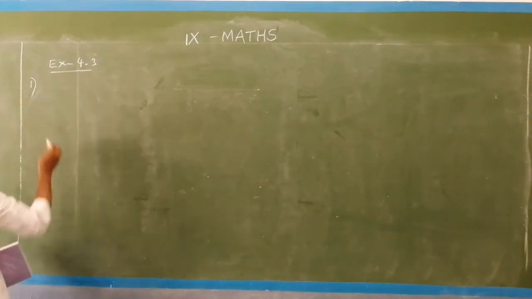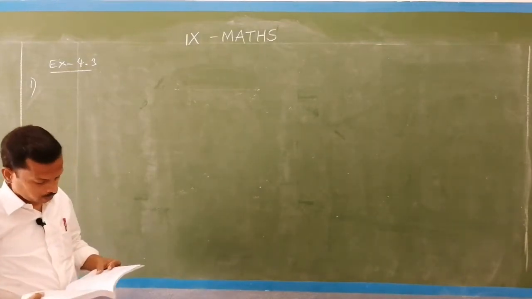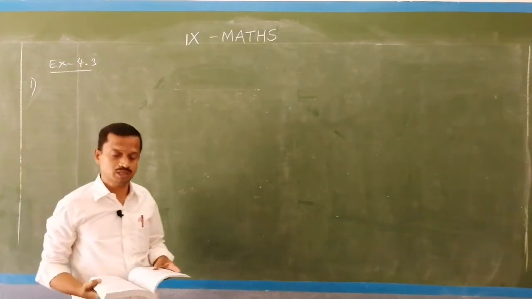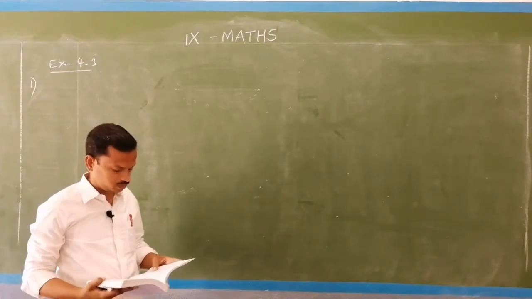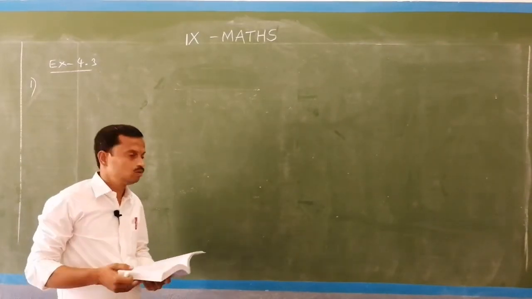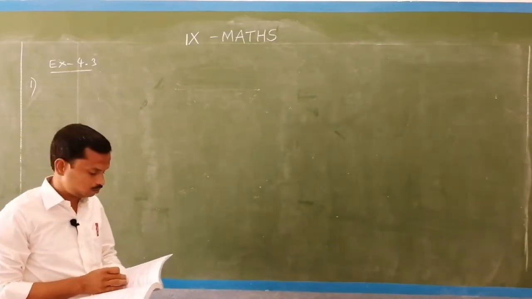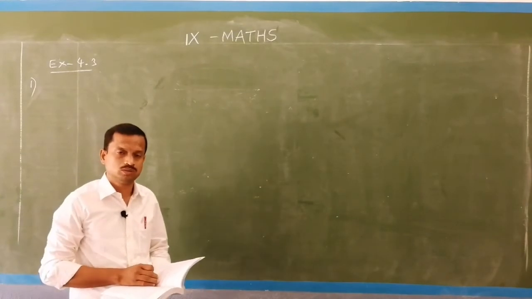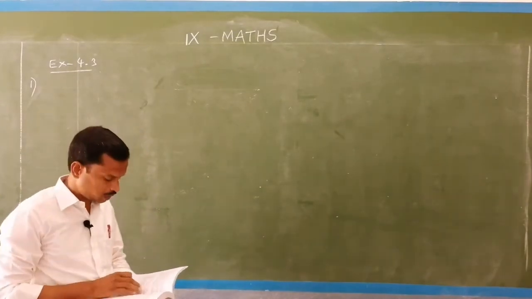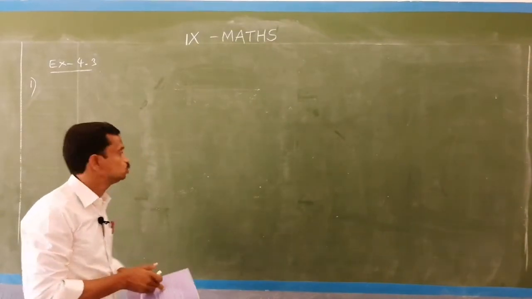Number 1, draw the graph of each of the following linear equations in 2 variables. The first option, x plus y equal to 4. Before, I taught you x plus y equal to 3, so now x plus y equal to 4 you take as homework. Coming to option 2, x minus y equal to 2.